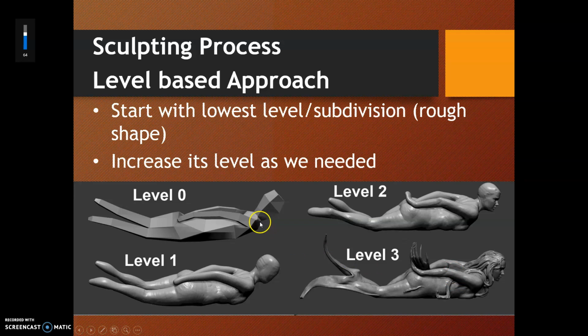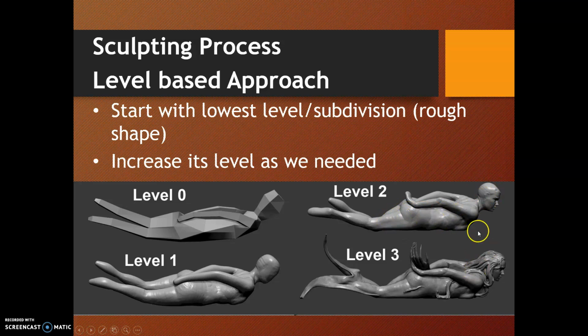Sculpting is like drawing, so you should always start with the sketch. This is your super low res. Then you build your way up. Get the anatomy correct first. Once anatomy and proportion are correct, then you start adding secondary detail.